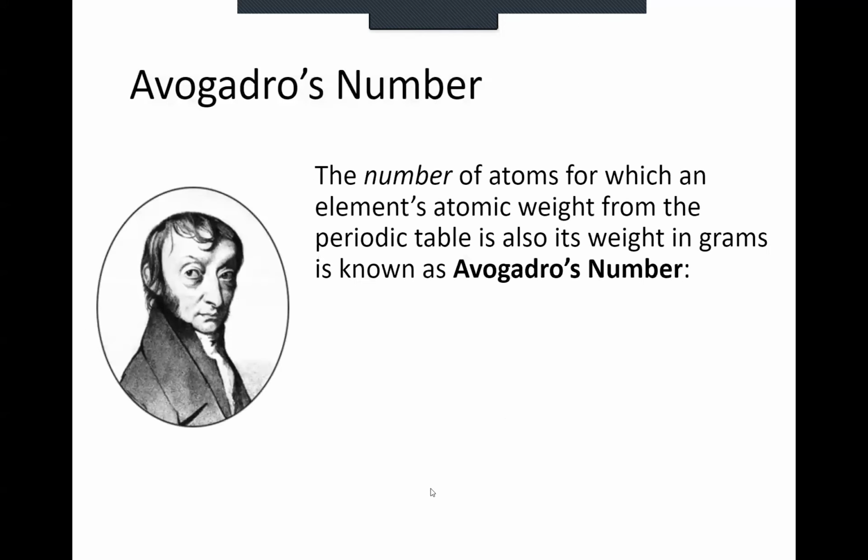Here's Amedeo Avogadro. The number of atoms for which an element's atomic weight from the periodic table is also its weight in grams is known as Avogadro's number. And it's this number, 602 hexillion, which is insanely big.